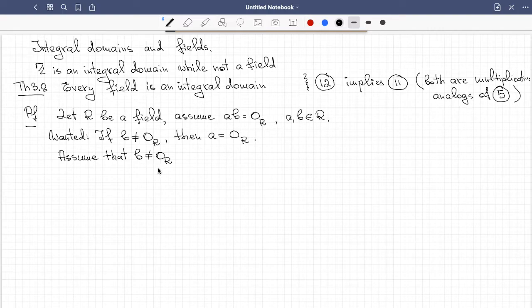B is not 0 implies, then, by the definition of field 12, the equation Bx is 1 in R has a solution.